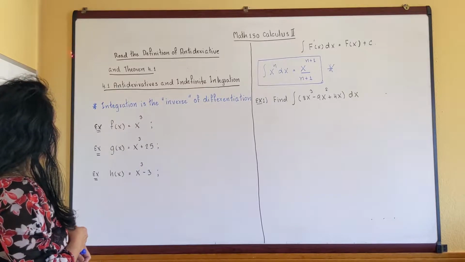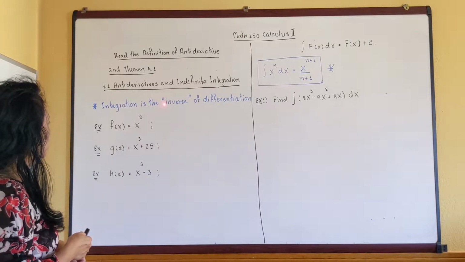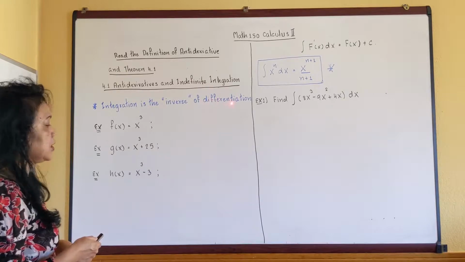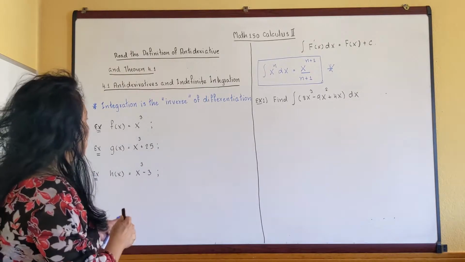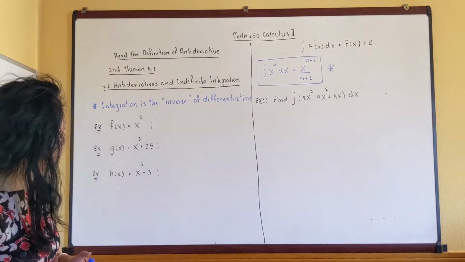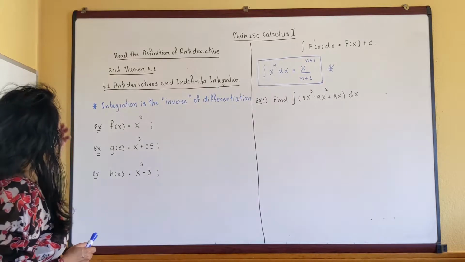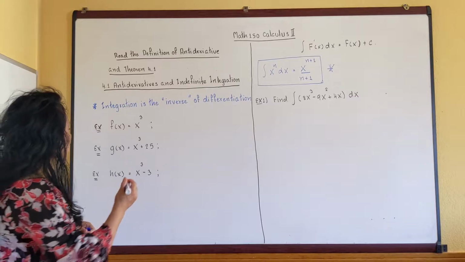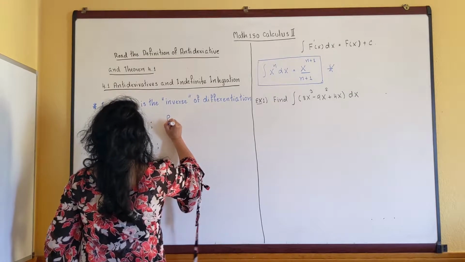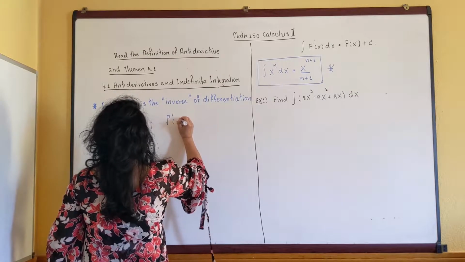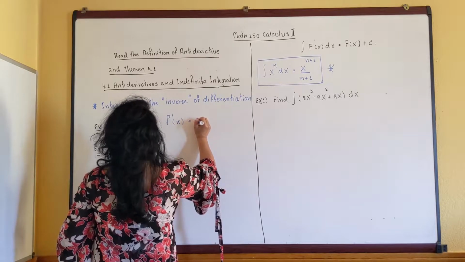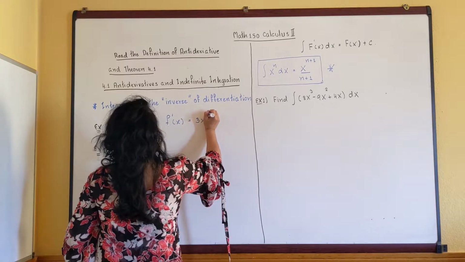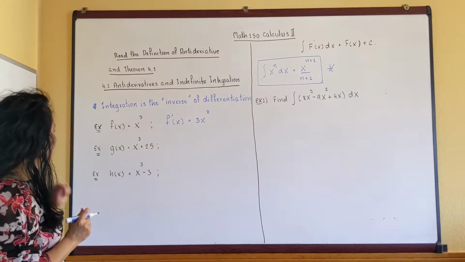Alright, so integration is the inverse of differentiation. It's just the reverse of it. Let's look at my example here. The first one, I have f of x equal to x to the cube. If I take the derivative of this, I will have 3x squared. Look at the second example.